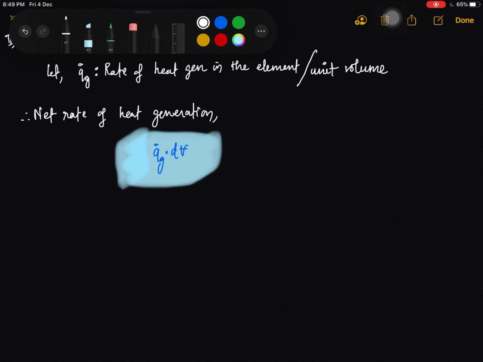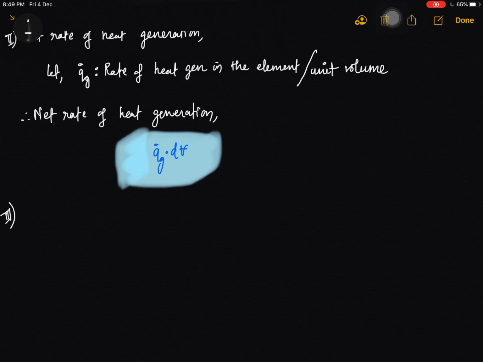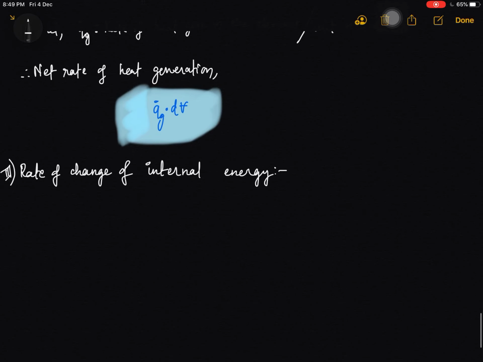Okay, so next we will be dealing with the third term, which is nothing but the rate of change of internal energy, and this will be written as ∂U/∂t, where U is the internal energy.